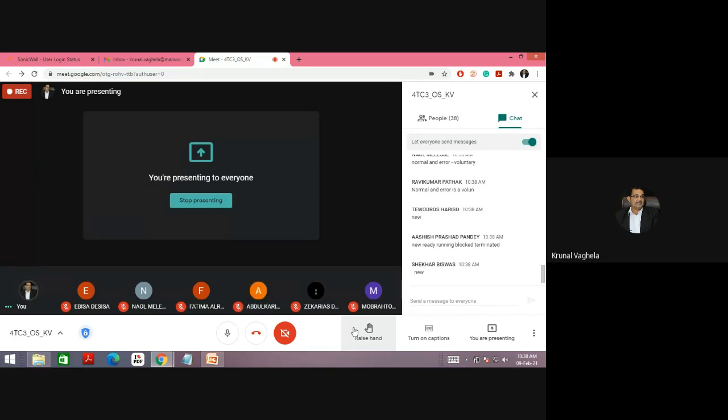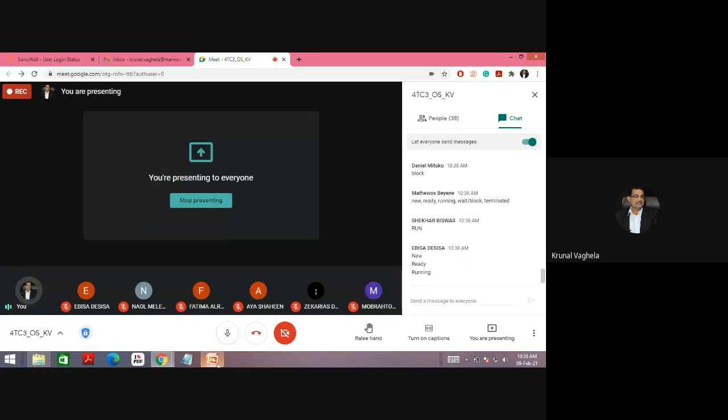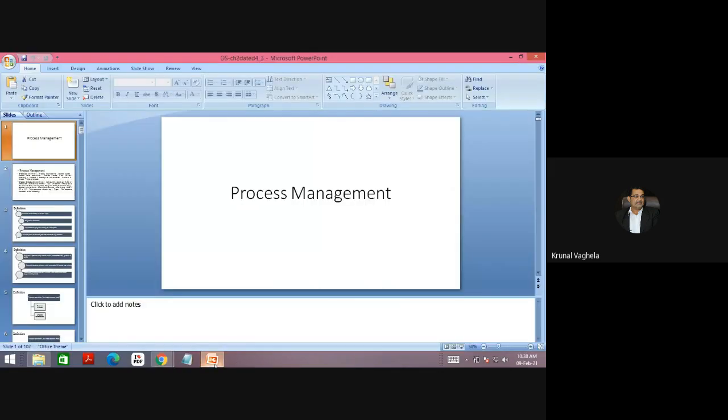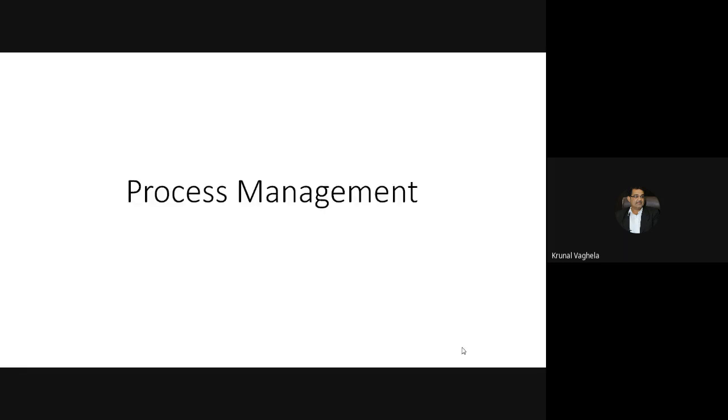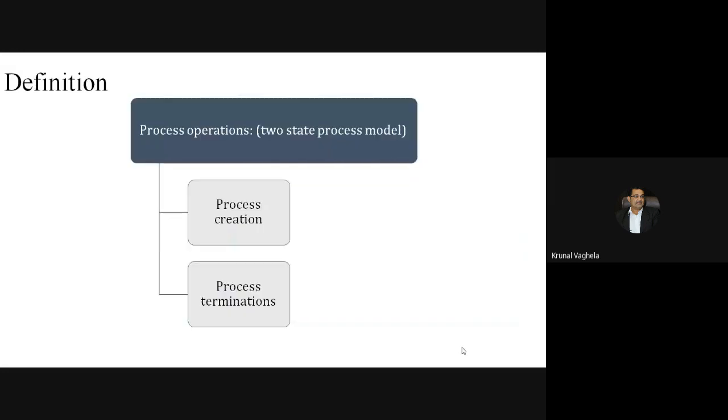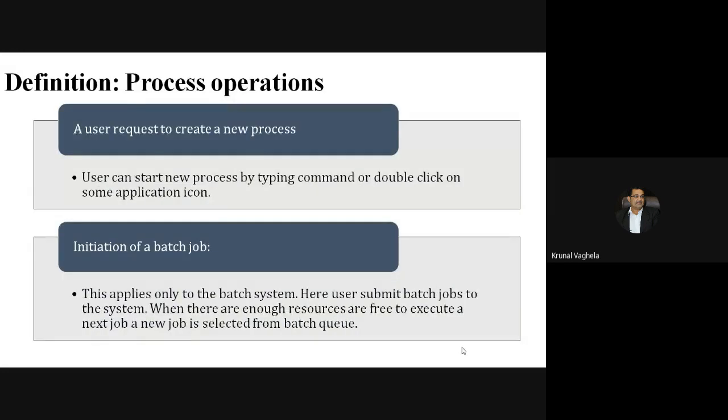New, ready, running, blocked, and terminated. Okay, so this we have seen. Yesterday, the students who have not understood, let me explain the 5-state process diagram with one example. This is what we have just revised.